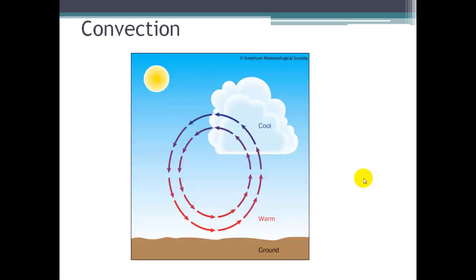Convection is the movement through a fluid, and we can think of the Earth's atmosphere as a fluid. It's made up of a lot of water vapor and other gases that behave like liquids. So what happens is the sun, through radiation, heats the ground, and the ground heats through conduction, molecule by molecule by molecule.